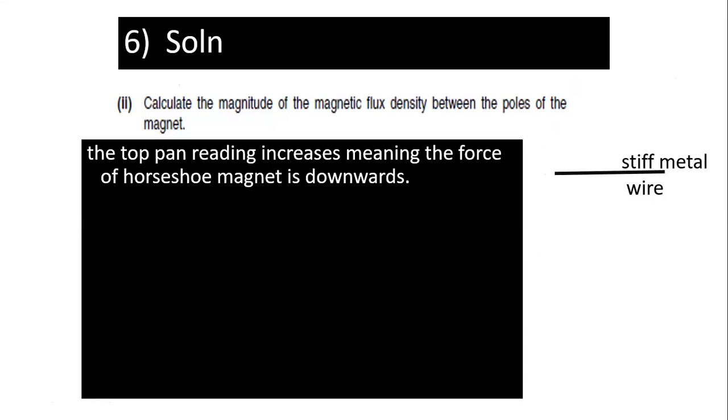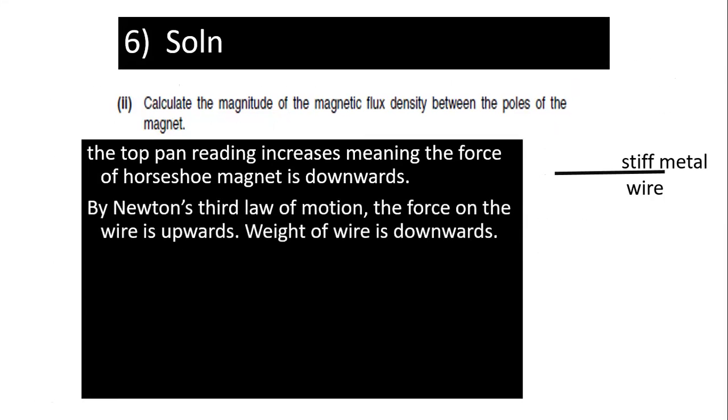Top pan balance reading increases means that the force on the horseshoe magnet is downwards. That means the force is pushing on the horseshoe magnet. That's why it increases the mass. Then you must look at the wire, not the horseshoe magnet. So Newton's third law tells us that the force on the wire is upwards, equal but opposite to the force on the horseshoe magnet. For equilibrium, magnetic force equals weight.